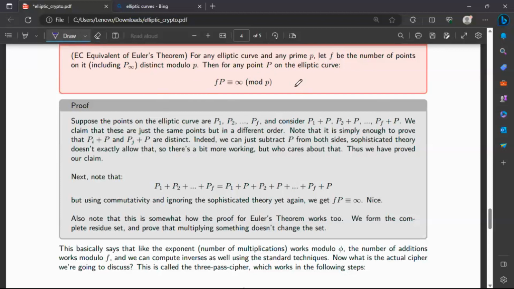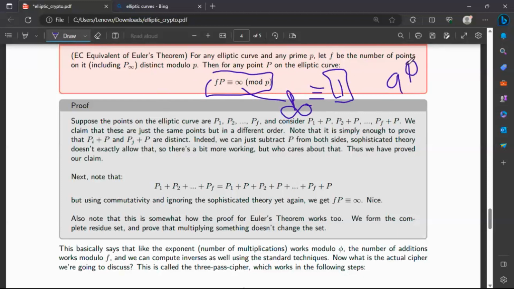Then for any point P on the elliptic curve, fP is not infinity, it is P infinity modulo p. Note that P infinity is basically equivalent to 1 here.